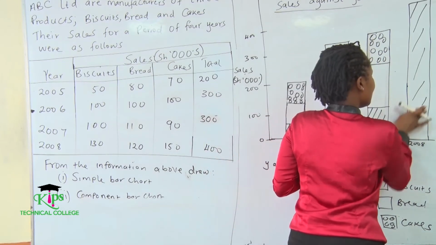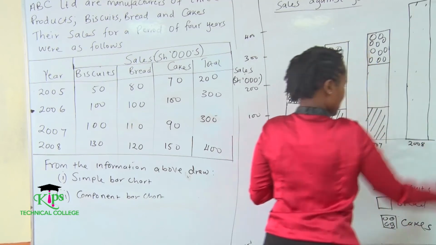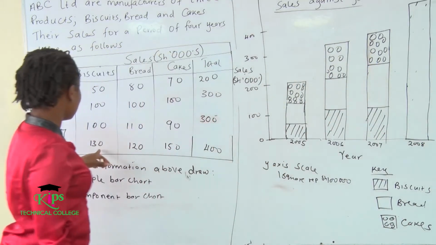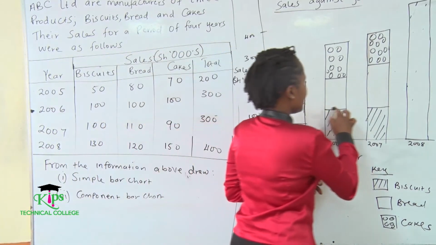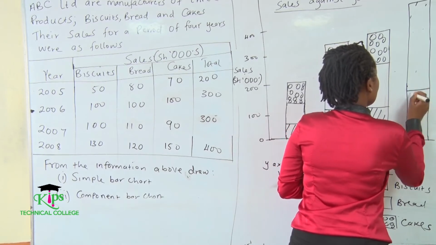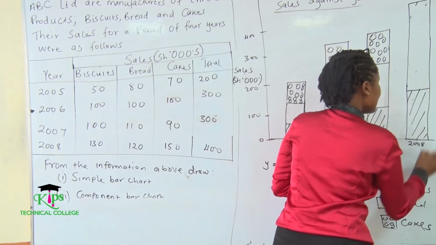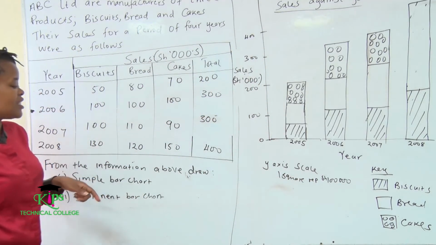Then for 2008, same case. The first item, which is our biscuit, is 130. So you identify where your 130 is on your graph paper and represent your biscuits. And then the other item is bread, which is 120.